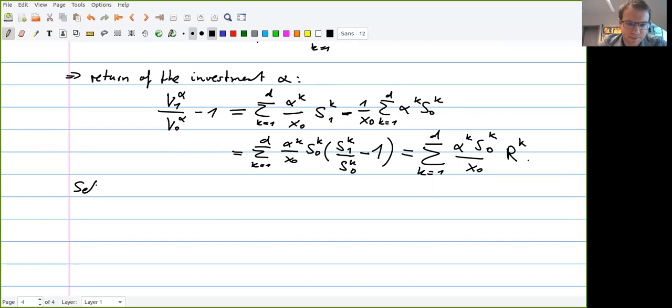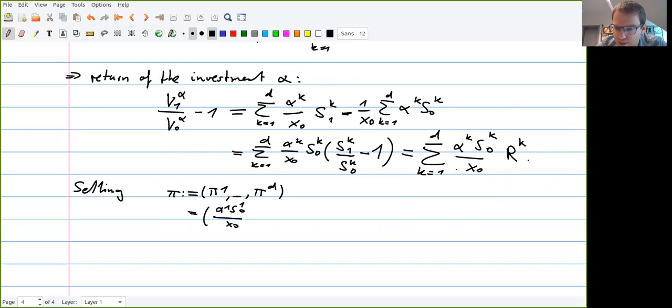So let me make the following definition. So pi is my portfolio. As before, this stands for the investment decision we make. It consists of d entries. So this is the investment decision we make for each of the risky assets. And now we have here alpha 1 over x0.